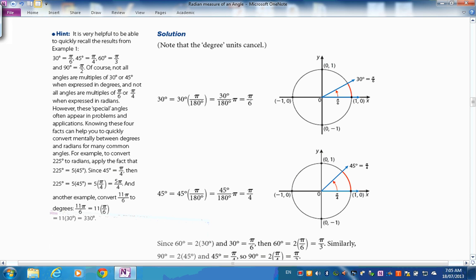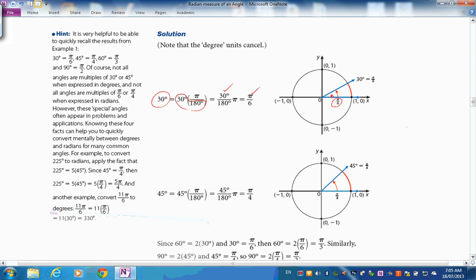Okay, so here we are, 30 degrees. What do we do? 30 over 180. This is a sixth. Oh, they've gone to it there. So it's pi on 6. And if you sketch that, 30 degrees in there is equivalent to pi on 6.